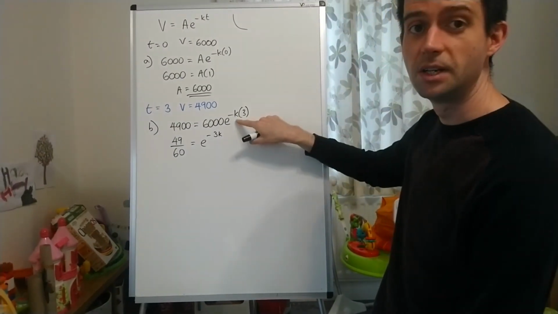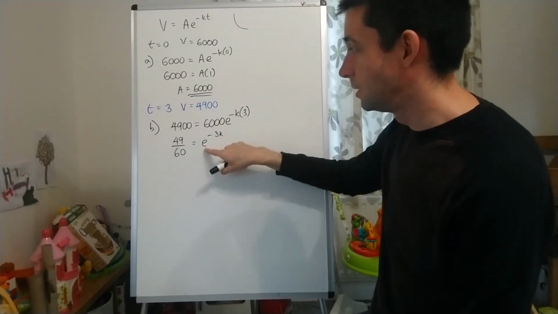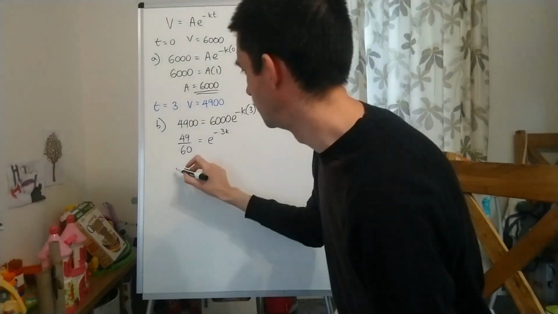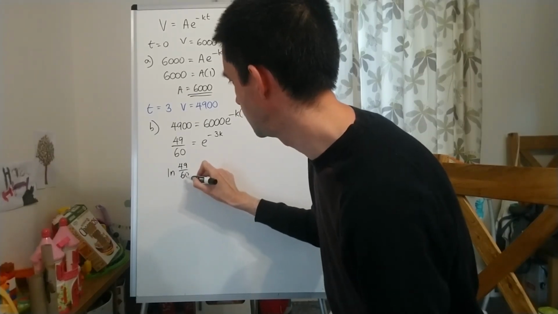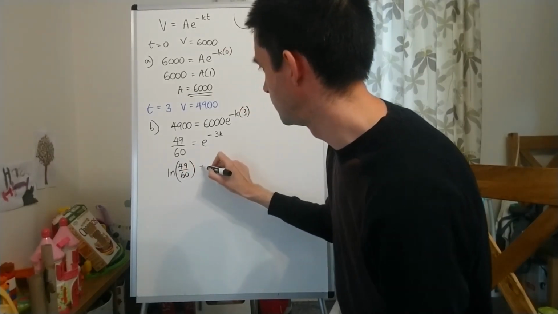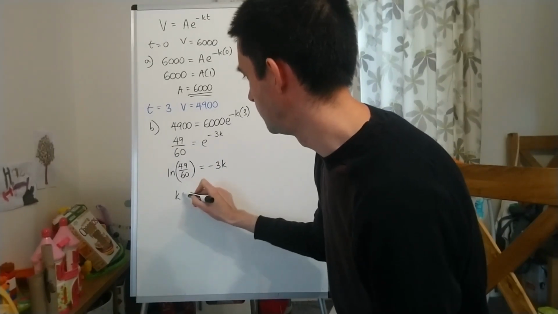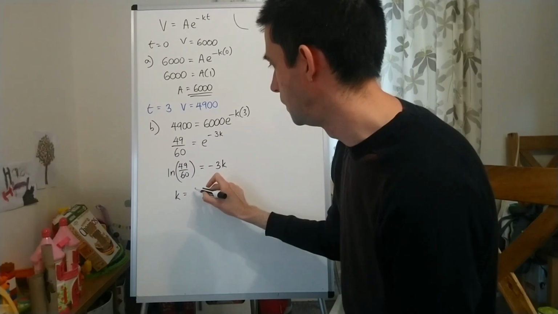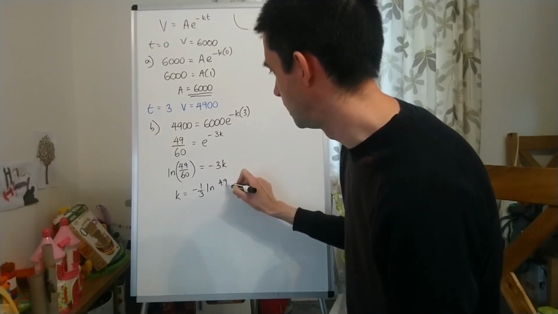I've just written minus k times 3 as negative 3k. Now we've got e on its own, we can ln. So ln 49 over 60 is going to equal negative 3k, which means that k is going to equal negative 1/3 ln 49 over 60.